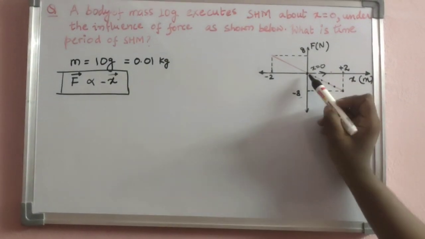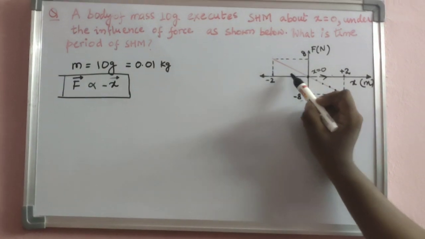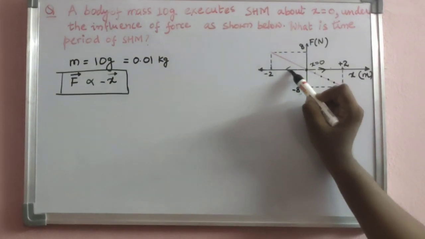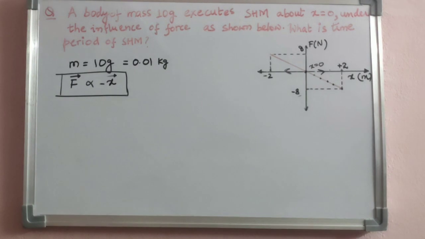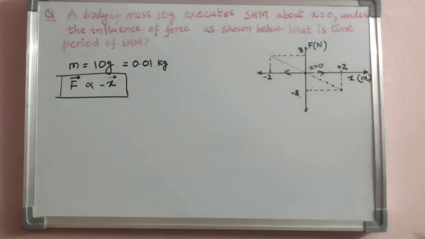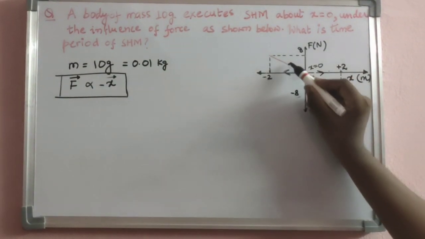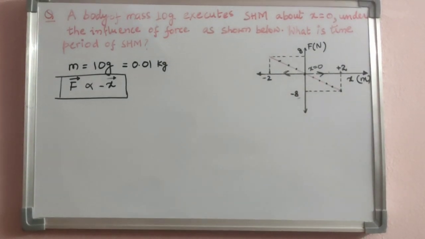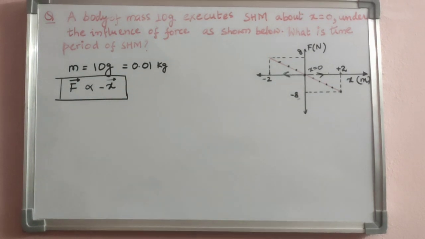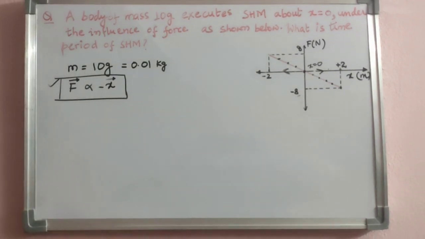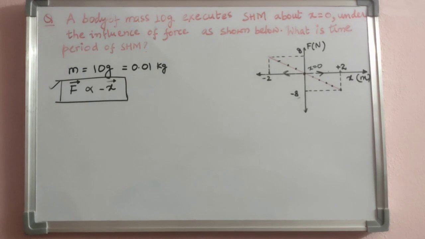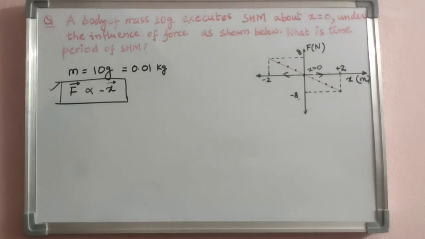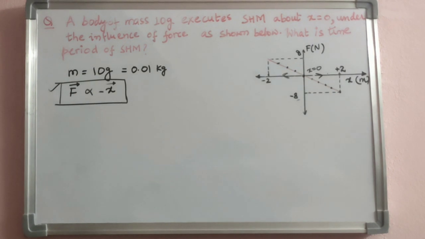If the body oscillates in the negative direction, that is towards -2, take any point on the graph, the force is positive. So this graph also concludes our characteristics of SHM. Whenever x is positive, force will be negative, and whenever force is negative, x will be positive.